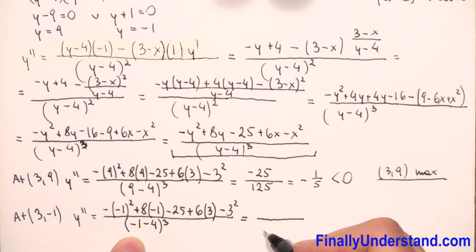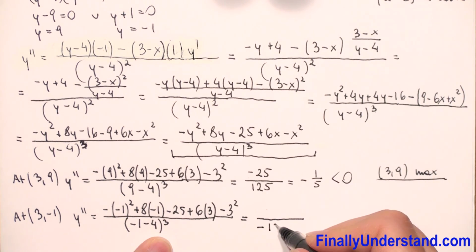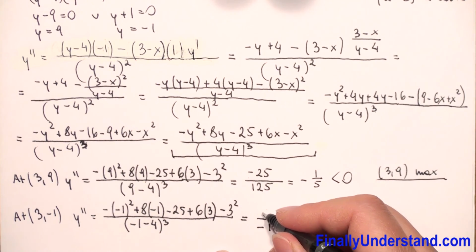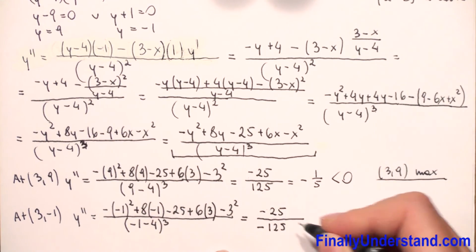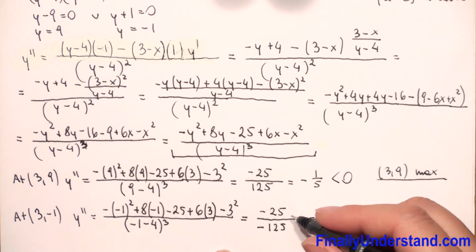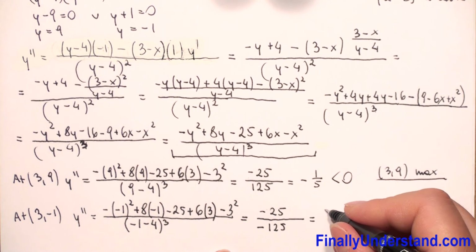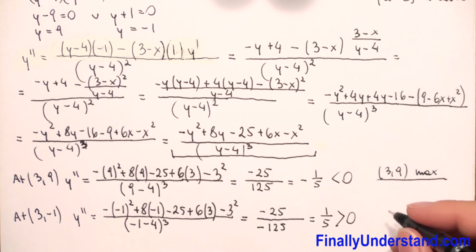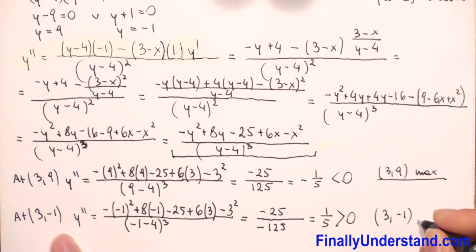In the numerator we have -25, and (-5)^3 is -125. So this is equal, negative and negative will be positive, 25 divided by 125 is 1/5. This is a positive number. It means at point (3, -1) we have a minimum. This is my solution.